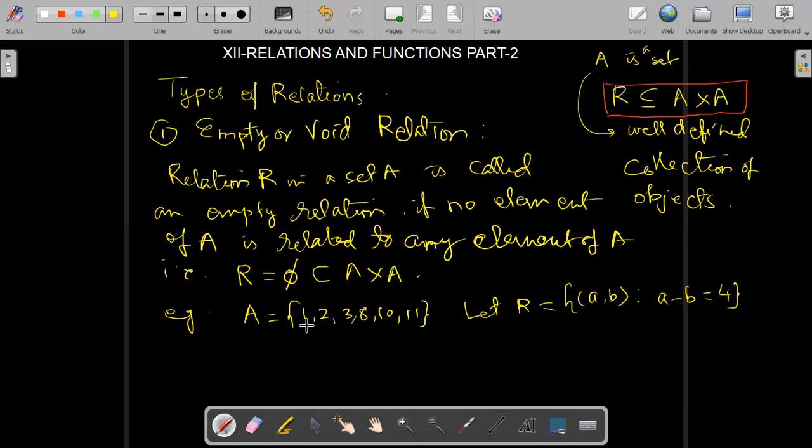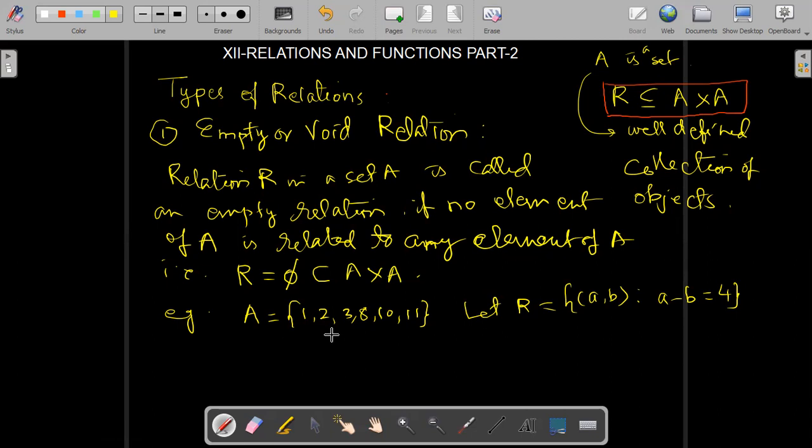But if you see 1 minus 2, 1 minus 3, 1 minus 8, 1 minus 10, 1 minus 11, 2 minus 3, 2 minus 8, 2 minus 10, 2 minus 11, 3 minus 8, and so on, since a is the first element, you will not get 4.